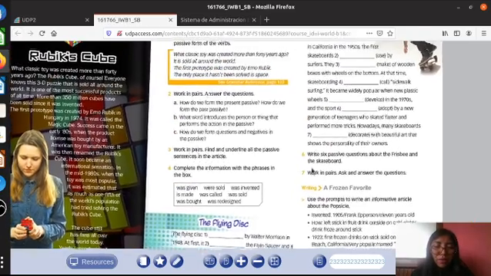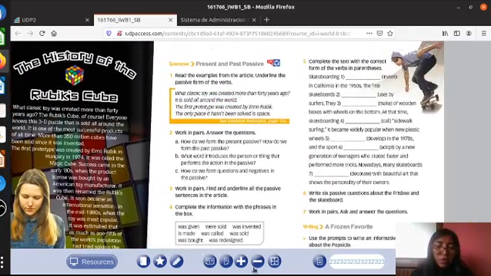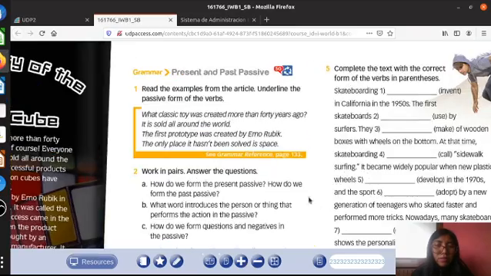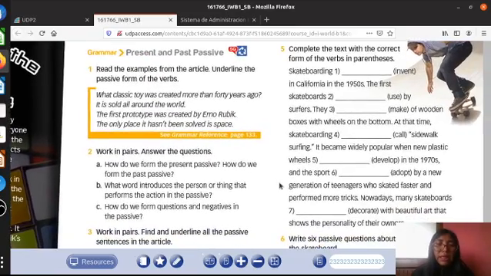Here we have another exercise. Okay, aquí tenemos otro ejercicio. ¿Qué tenemos que hacer aquí? It says, complete the text with the correct form of the verb in parentheses. Okay, skateboarding in California in 1915, the first skateboards were used by surfers. They were made of wooden boxes with wheels on the bottom. At that time, skateboarding was called sidewalk surfing.